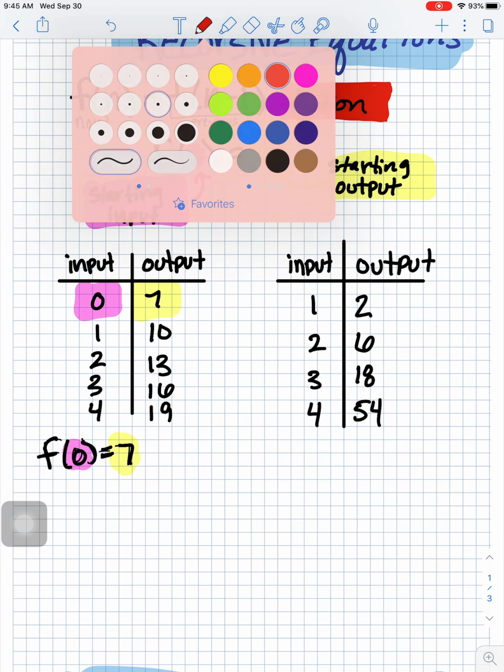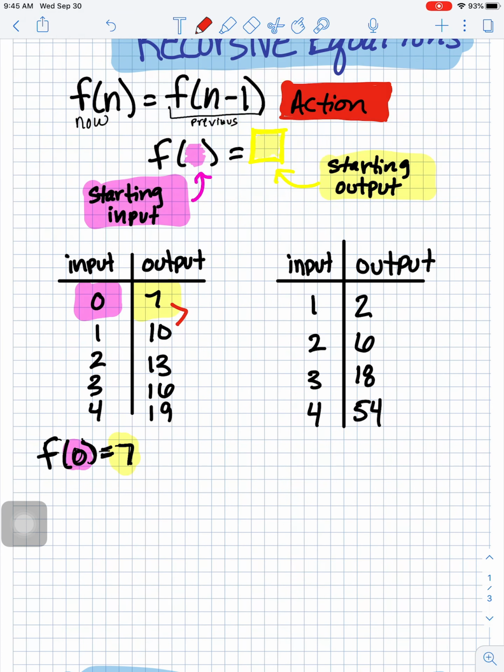Then if we look at this pattern, from 7 to 10, that is adding 3. From 10 to 13, adding 3. From 13 to 16, adding 3. 16 to 19, adding 3. This is my action: every time, plus 3, plus 3, plus 3. Now I have all I need to write my recursive function.